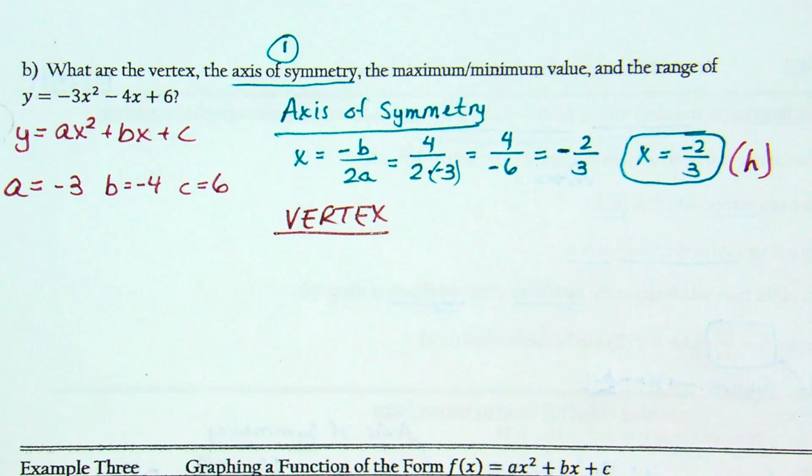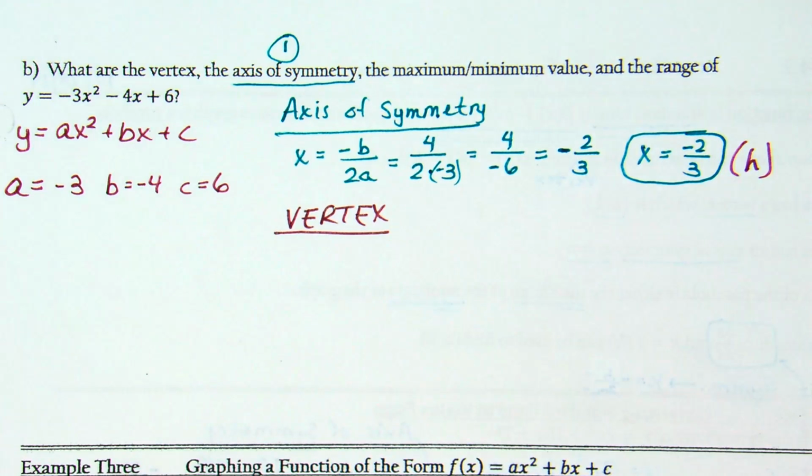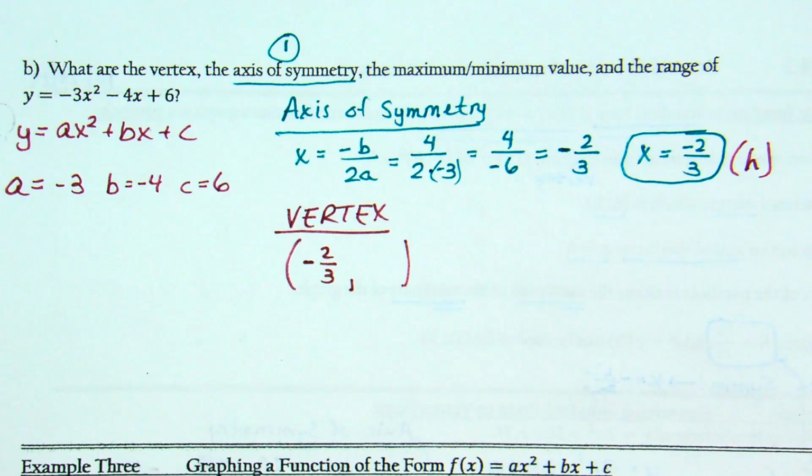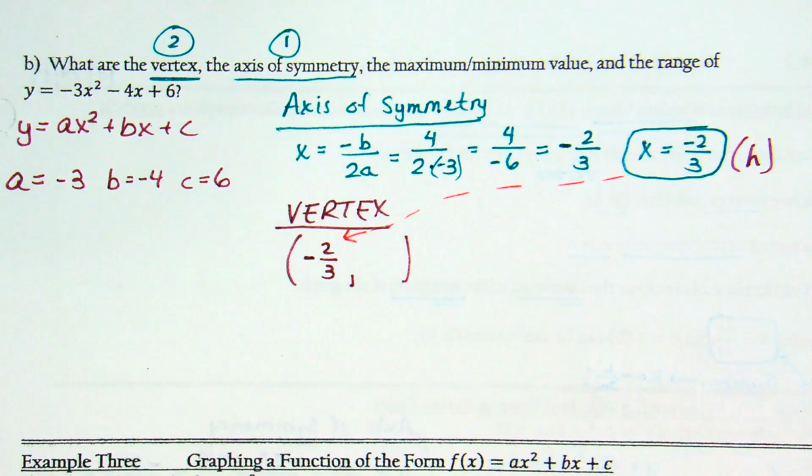Okay, vertex. What do I already know about the vertex? Okay, vertex is negative 2/3. By the way, vertex is the next thing we find. How do I find the second half of the vertex?